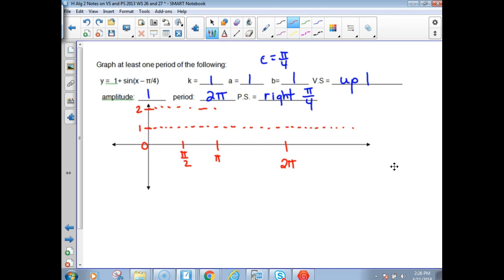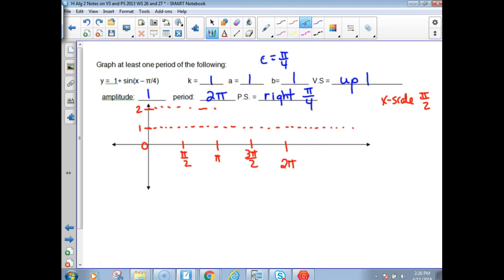So notice your x scale is pi over 2: 1 pi over 2, 2 pi over 2, 3 pi over 2. That's all I'm going to label for right now. I will have a minimum value of 0 because the amplitude is 1, 1 above the center line, 1 below. So it's going to stay between the x-axis and 2.